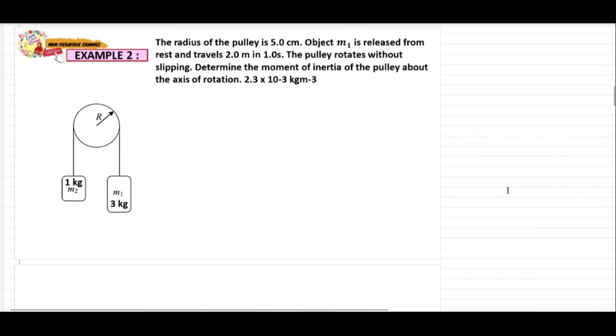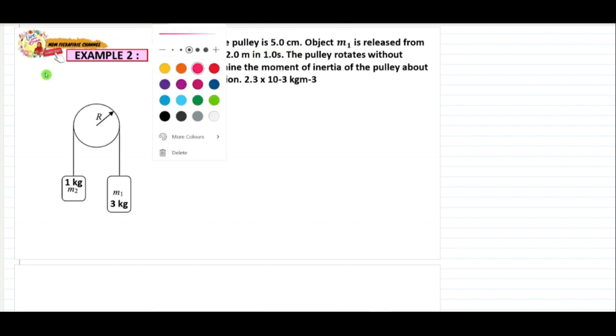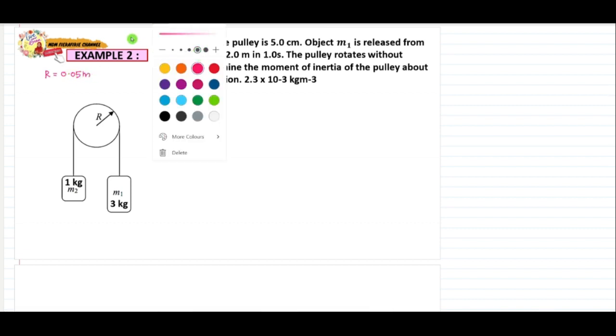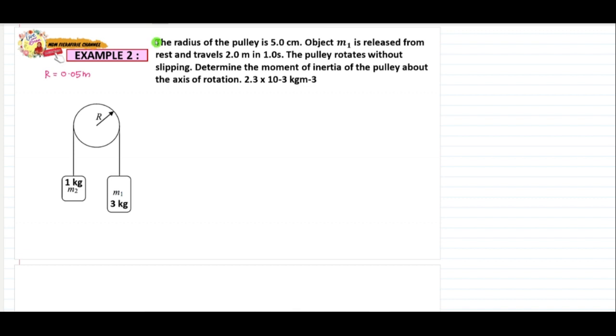Okay, example number 2. Here we have a pulley and the radius of the pulley is given as 5 centimeter. So let's take out the value and convert to meter. R is equal to 0.05 meter. Object M1 is released from rest and travels 2 meter in 1 second, so this object will be moving downward.